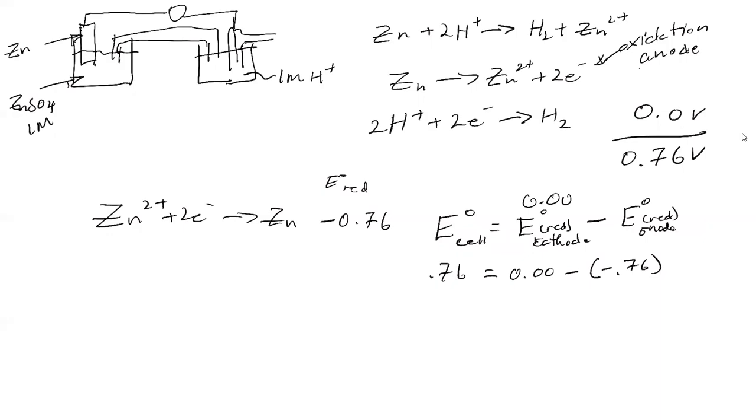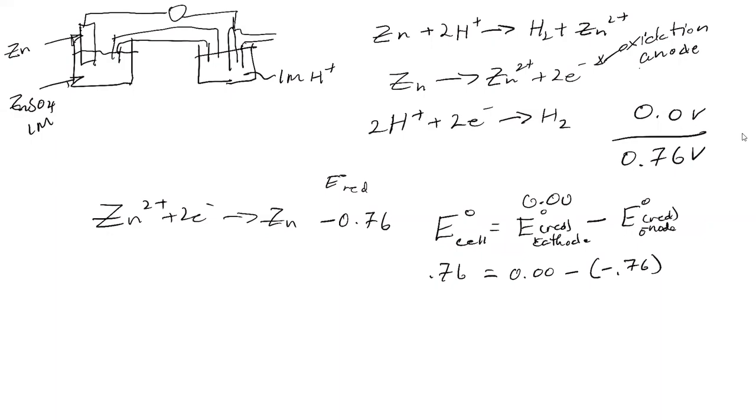So the interesting thing is things with negative values for the reduction potentials are things where the electrons are higher energy than they are on the H plus. So when I put them with H plus, they're going to transfer electrons to H plus, and H plus is going to gain the electrons. Things that are positive, the reaction is going to go the other direction. Hydrogen will give up electrons to that.